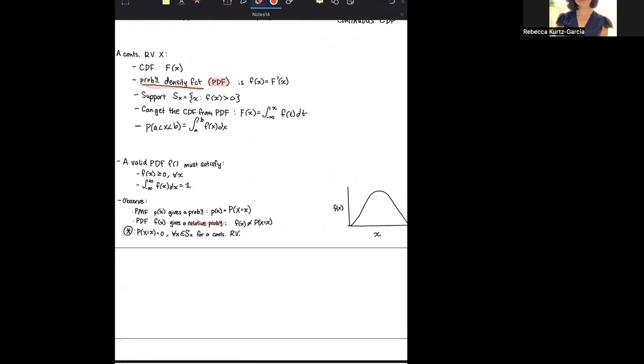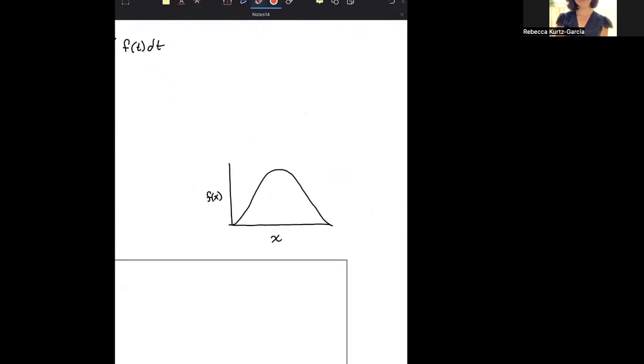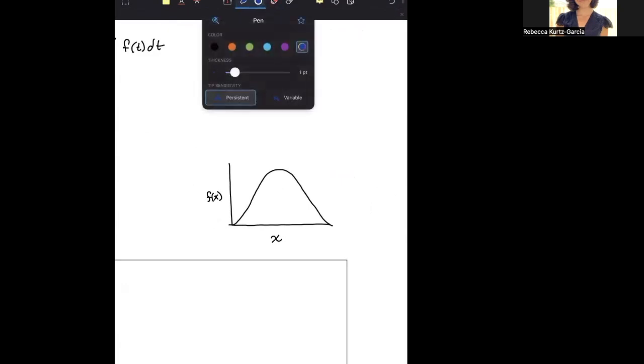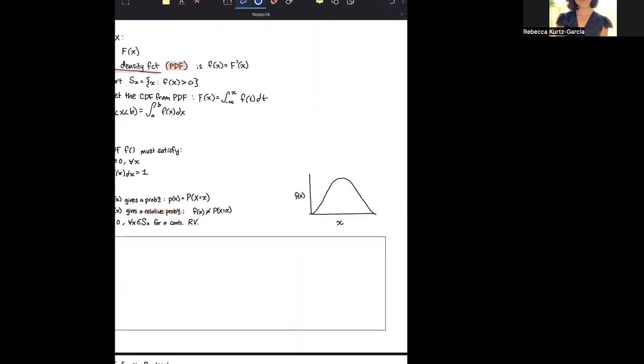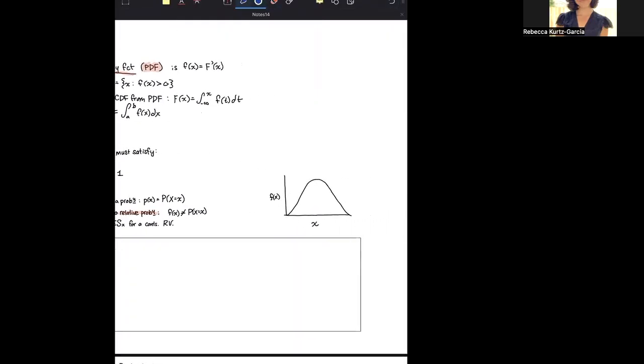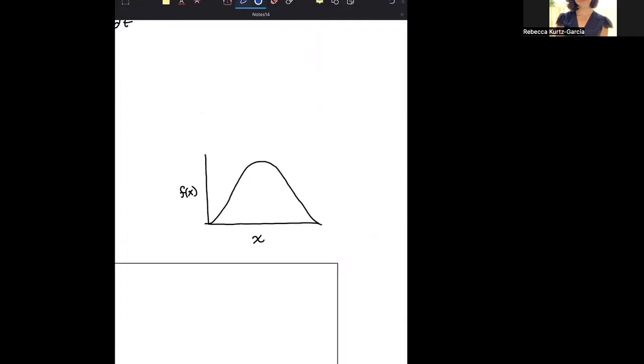So for example, I have a plot over here. This is an example of a PDF we might expect for continuous random variables. We have the support on the x-axis, and then we have the PDF plotted on the y-axis. It's this function here. Now, when I say relative probability as opposed to just a regular probability, what I mean is you can pick some value in the support of x, let's say it's a, and find that value on the PDF.